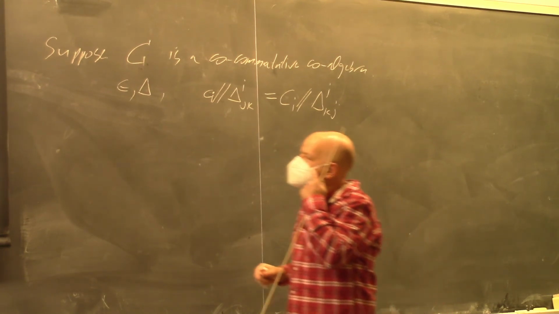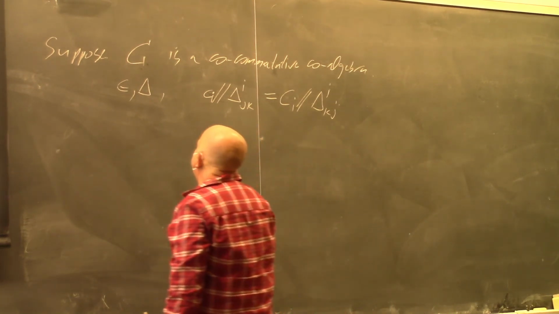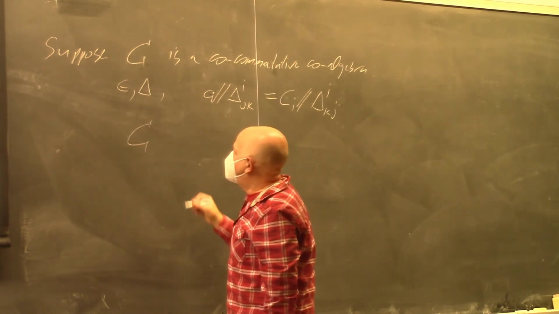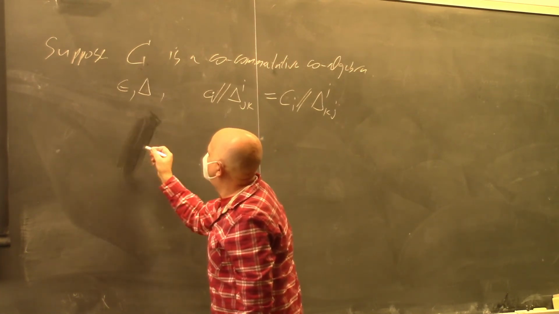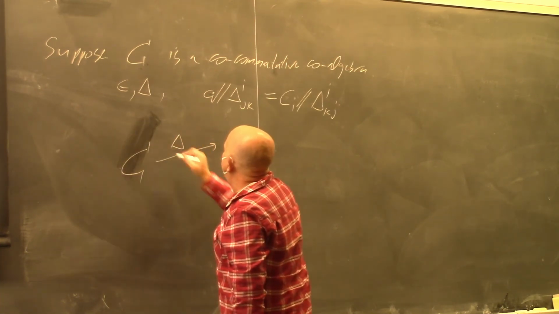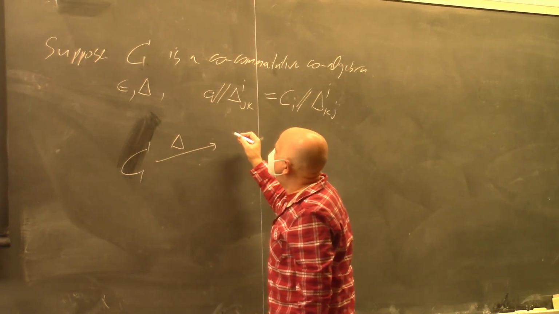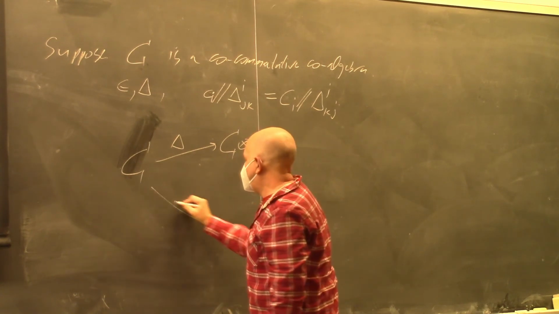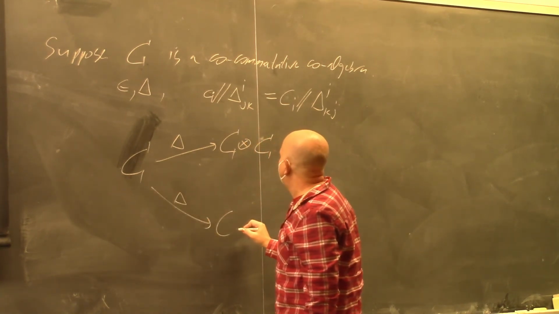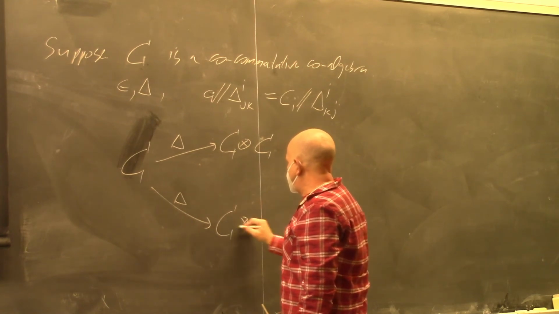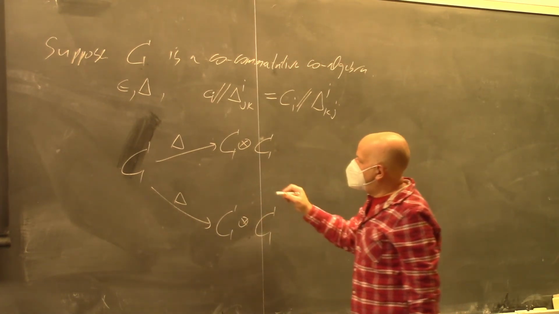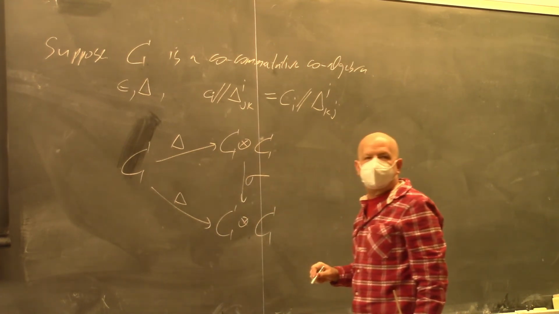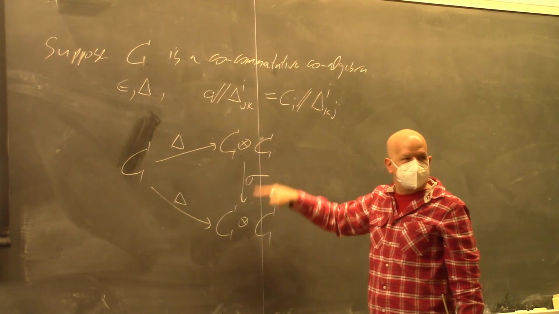Or if you wanted to write it in more standard notation, I would write the following. You have the algebra C, you have the coproduct mapping it into C tensor C, you have again the coproduct mapping it into C tensor C, and you have the permutation map that maps this C tensor C to that one.